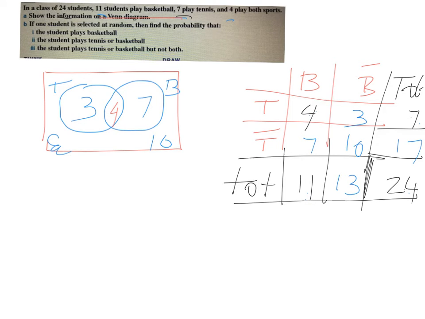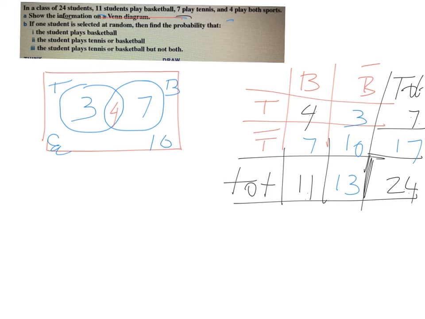So what we've done there is that we were told how many did both. We were told there was 24 in total. We were told that 11 students played basketball, 7 played tennis, and then we found the rest by subtraction. 4 plus this adds up to 7, 4 plus this adds up to 11. Once we filled that in, we can fill these in as well, and then we found the leftovers, and everything should correspond.